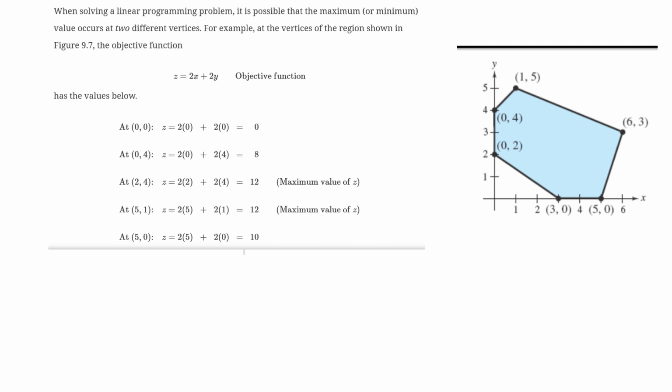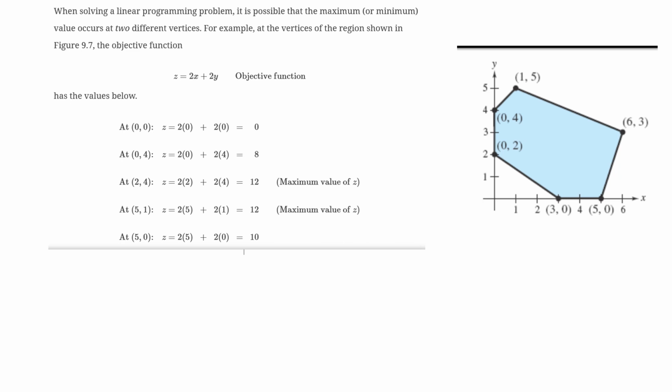Now, when solving a linear programming problem, it's possible that the maximum or minimum occurs at different vertices as well. And these are alternate optima. And you can see in this case, when I change the objective function to be z = 2x + y, and having the same region, that the maximum happens at (2, 4) and also (5, 1).